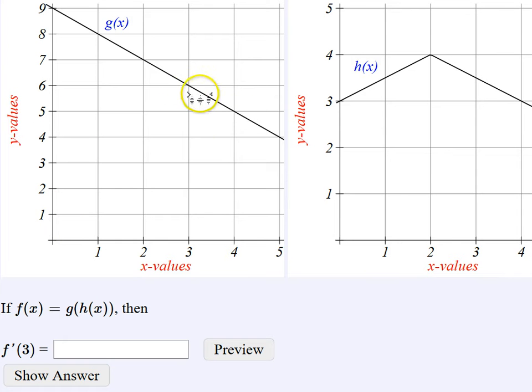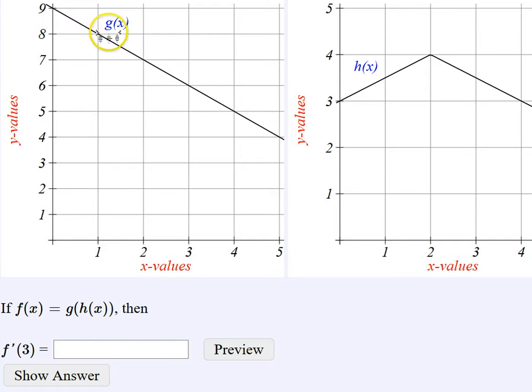I can see it goes through this point, goes through that point, so that's a run of 1, right, from 3 to 4, and then a rise of -1. Actually, so that's slope -1 right there. Right, the scales are different sizes, so it doesn't look like a slope of -1, but it's over 1, down 1, so that's a slope of -1. So g prime of 3.5 is -1.